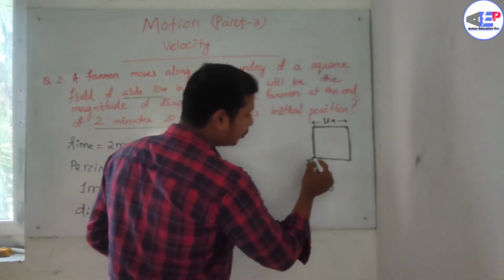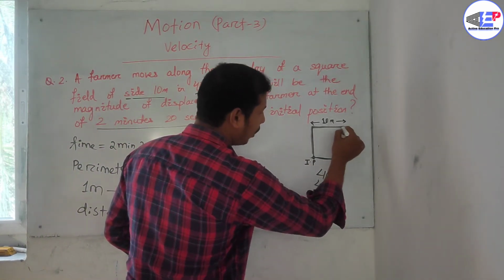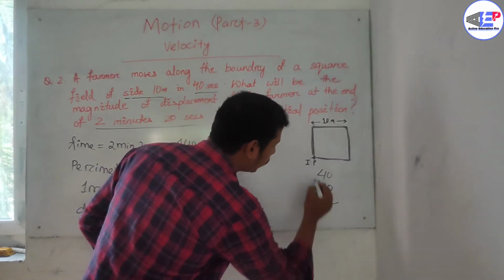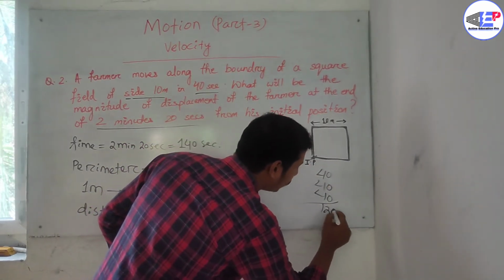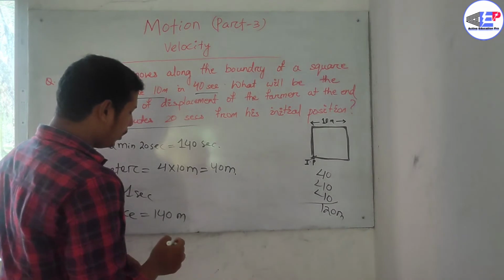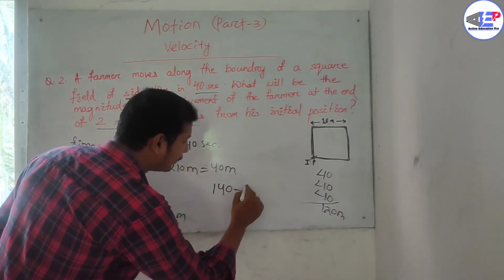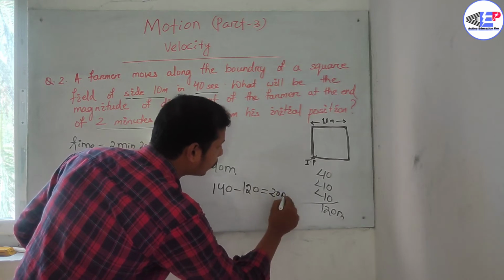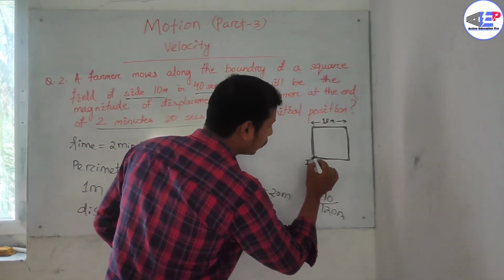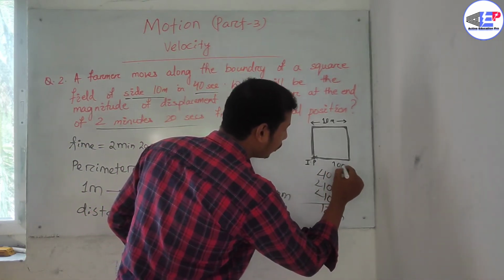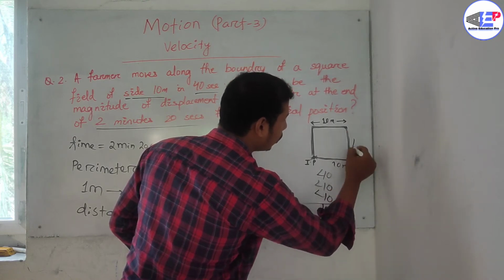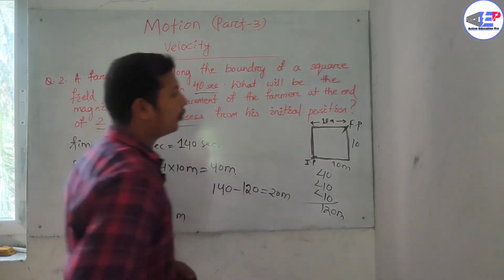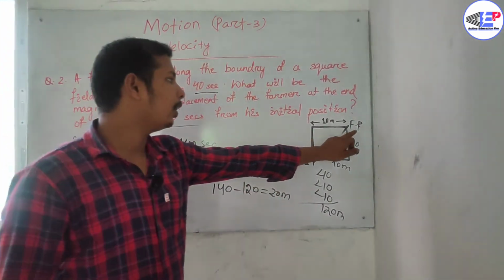After completion of another round, it will complete another 40 meter, which will be 120 meter. Now distance remained is 20 meter. So it will cover 10 meter here and 10 meter here. This will be its final position. So the final position of the farmer is here.